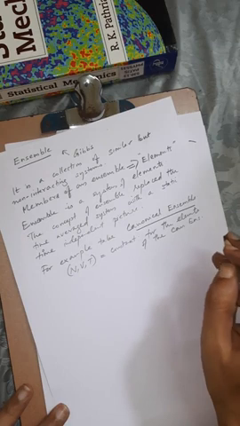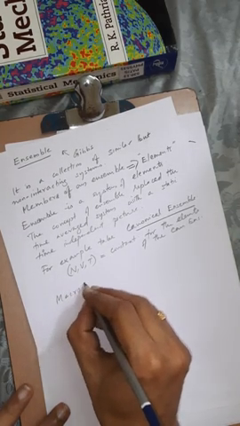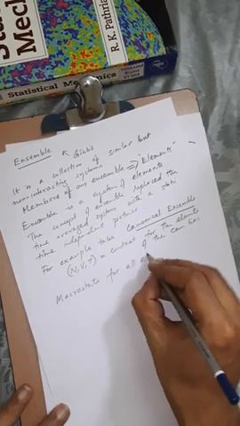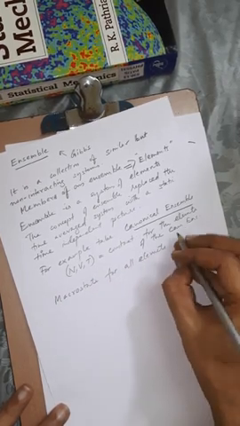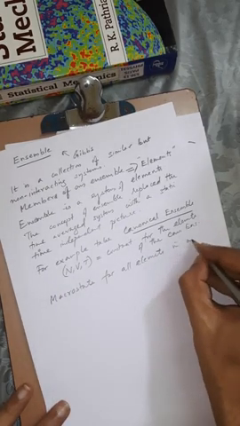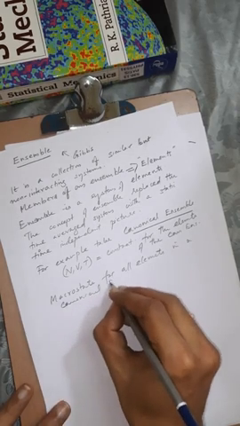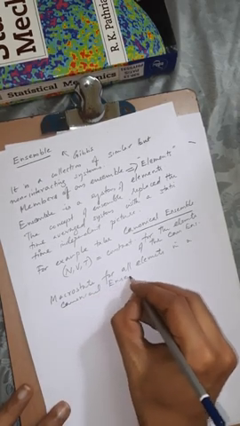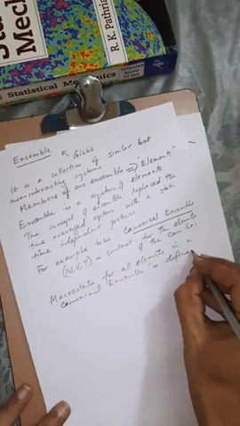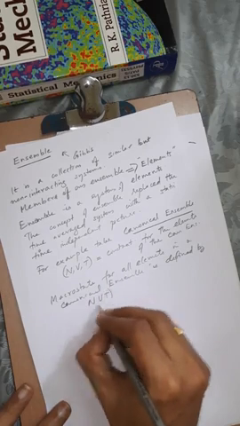In other words, I can tell that the macro state for all elements in a canonical ensemble is defined by NVT.